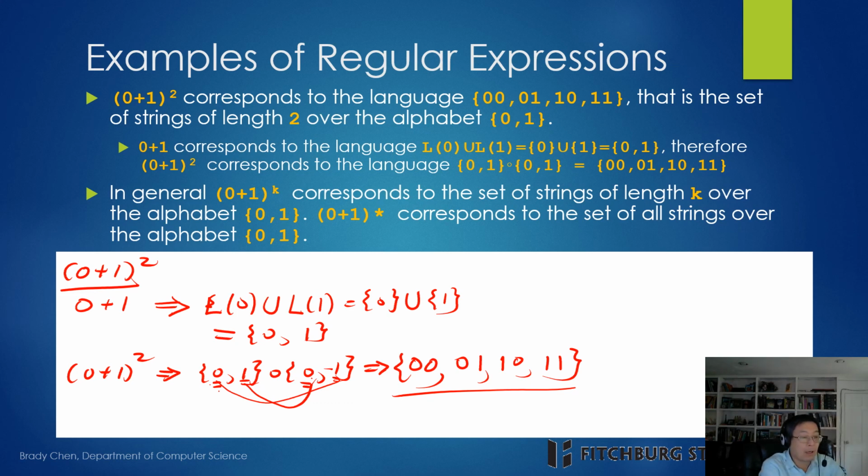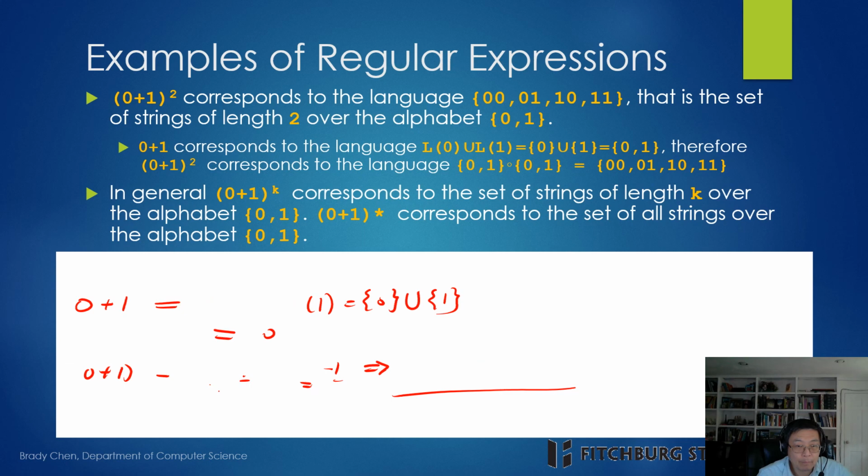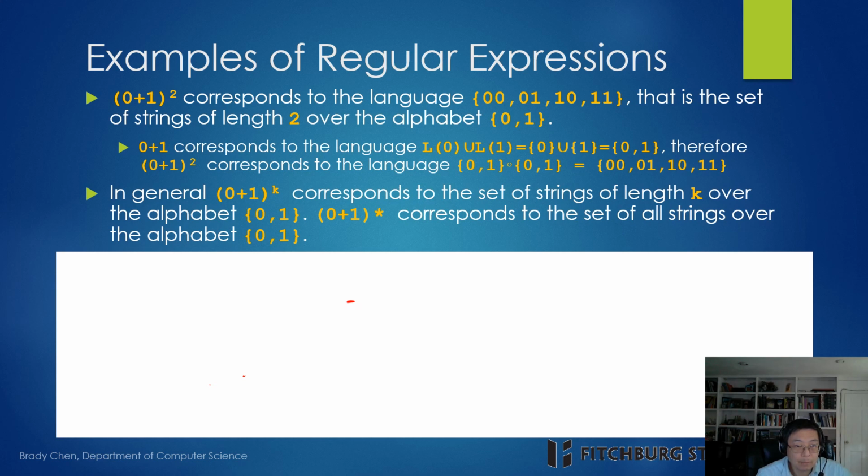Now let's look at the second example. Let's first erase the first one because we're running out of space. 0 plus 1 to the k.